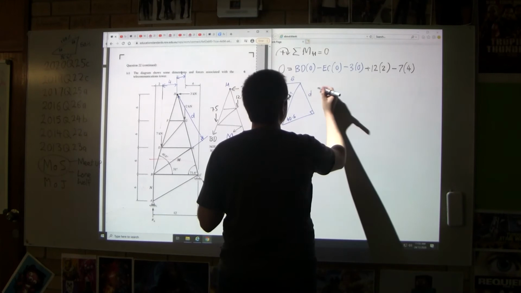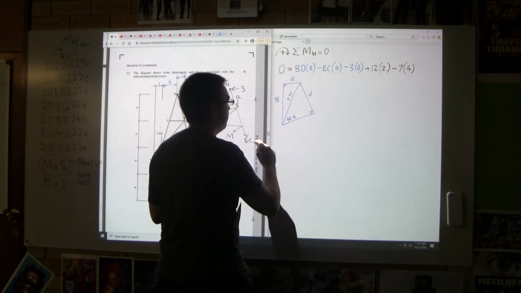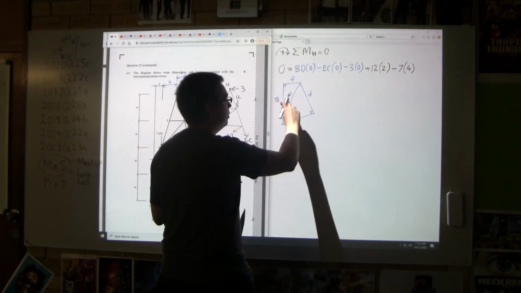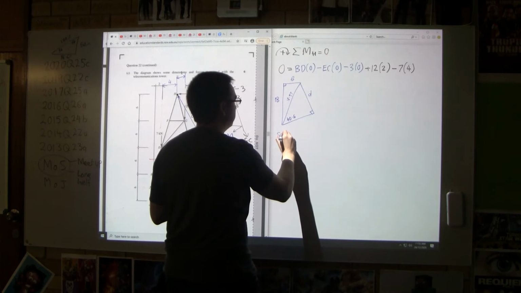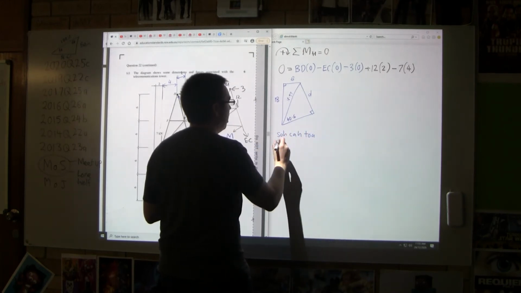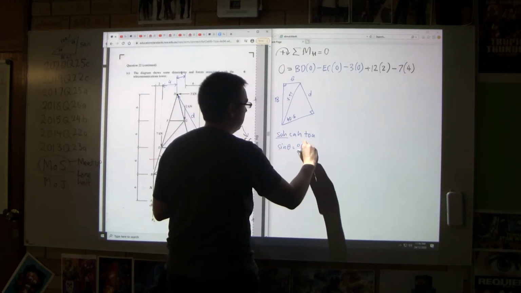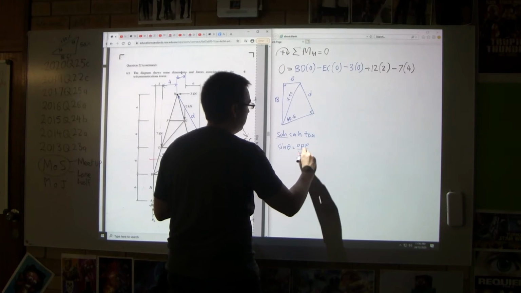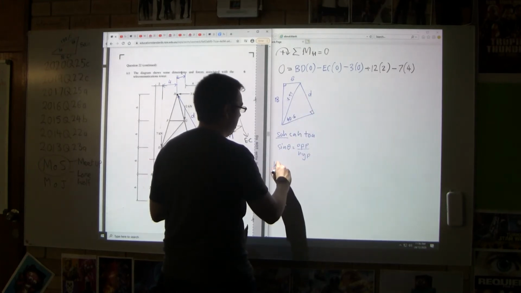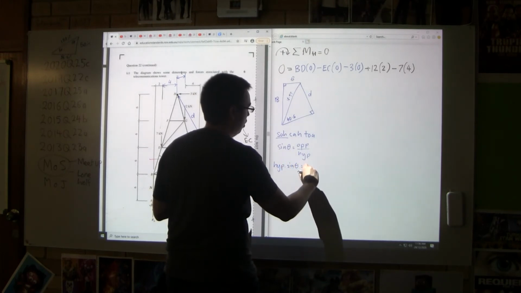So I've said this is D. So if this is D, then I've got my hypotenuse, and I'm finding the opposite. So SOH, TOA, this will be probably the only time I go through this. If we're using sine theta equals opposite over hypotenuse, so I'm trying to find the opposite, I can rewrite that as hypotenuse times sine theta equals the opposite.